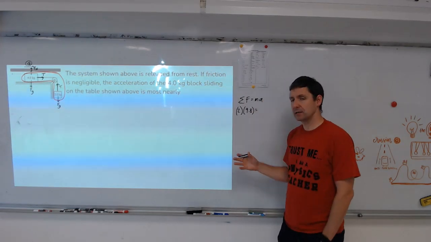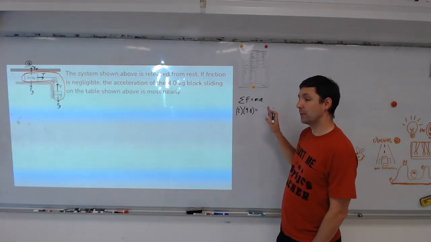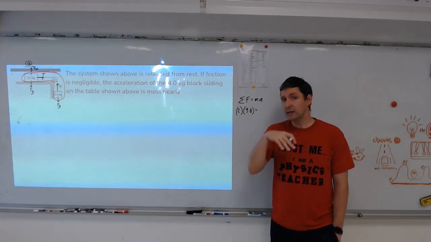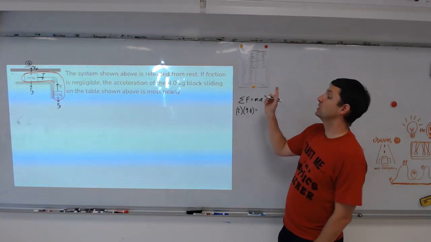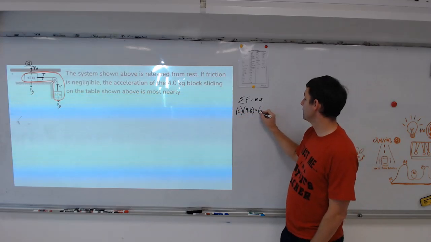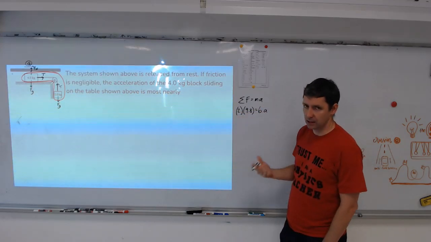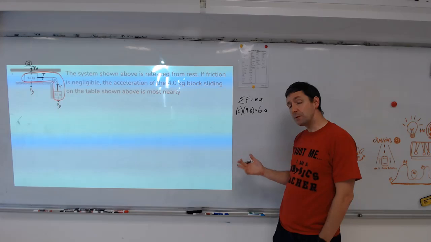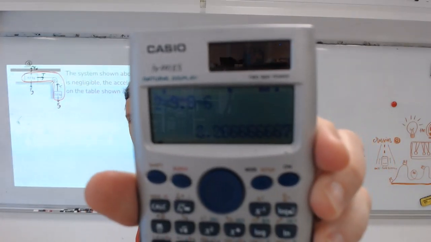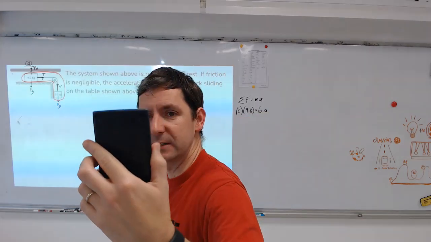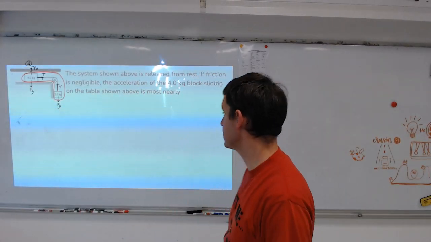Once you've done that, you can then put the mass here, but remember the mass that we're talking about is the mass of the system, which will be the total 6 kg, then times the acceleration. From there, you should be able to plug those numbers into a calculator. Now, when I use my super fancy calculator to solve this, I do get 3.2666666.